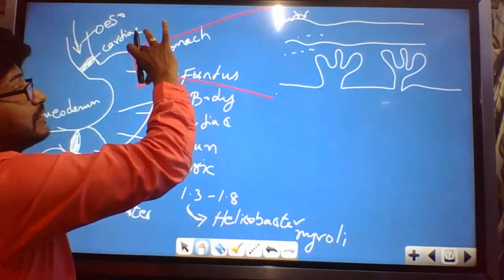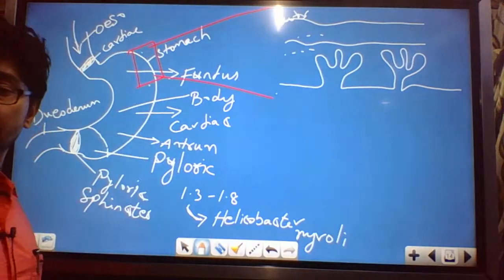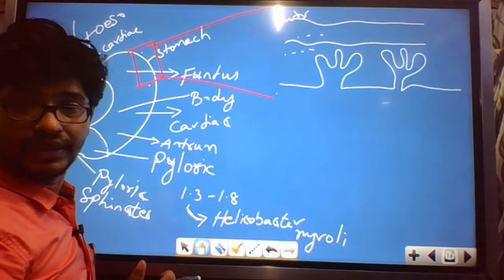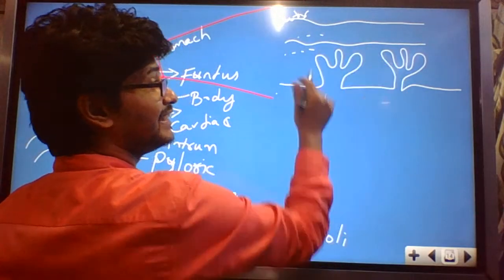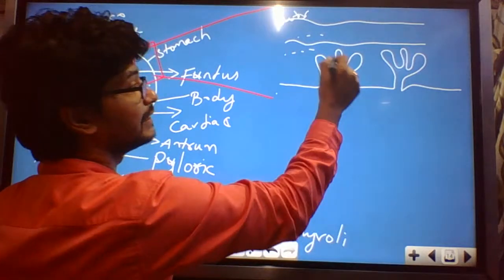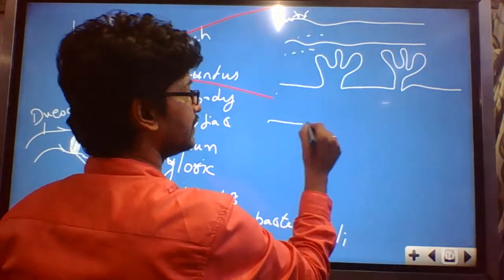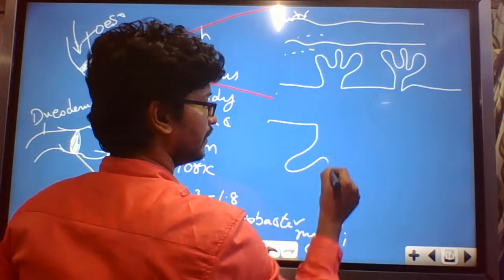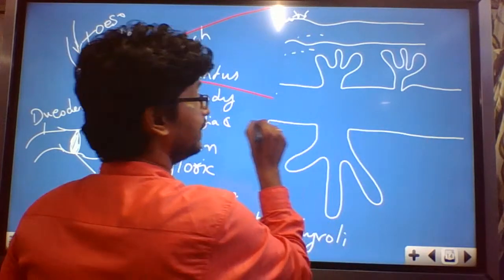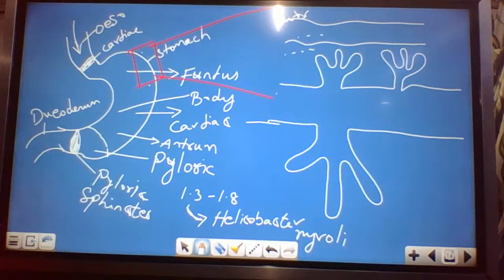If you take a small section of the stomach, enlarge it and zoom in, this is how the structure of the stomach looks, and this will be prevailing all over.